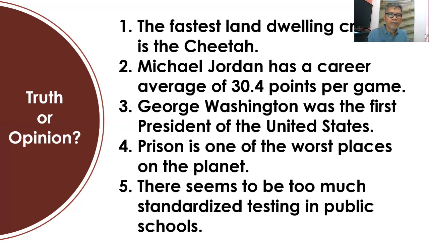Number three, George Washington was the first president of the United States. This is true. So therefore this is a truth. Why? We can verify in any references, in any American history books. If you are going to read American history books, you will see that George Washington was the first president of the United States.